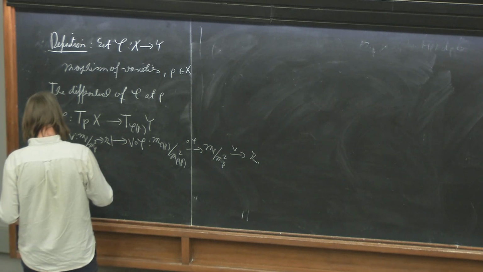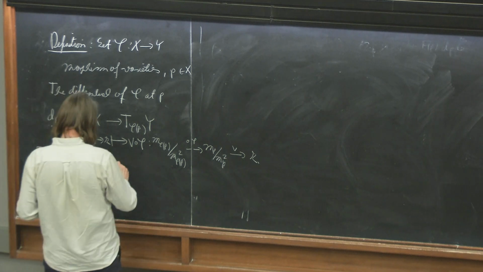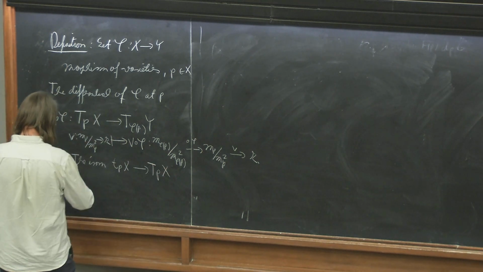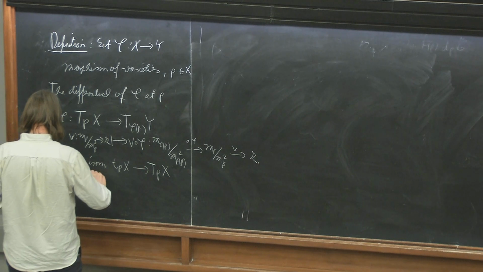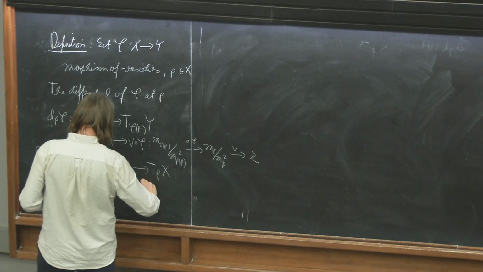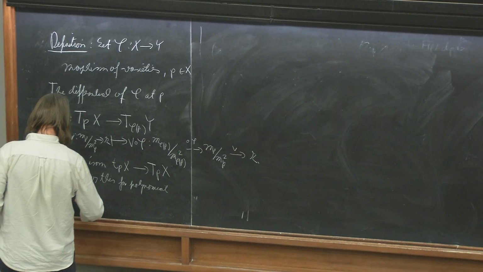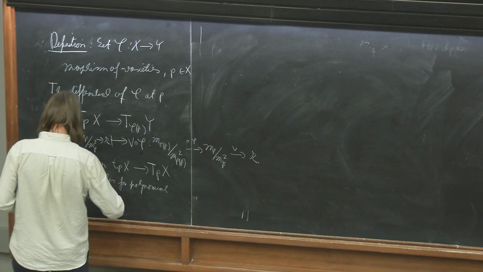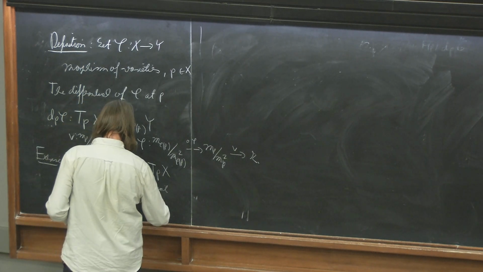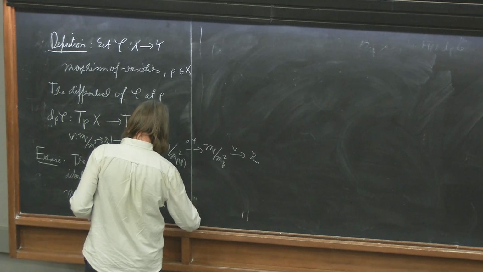So the isomorphism of TPX identifies this, for polynomial maps, with the previous definition of the differential.